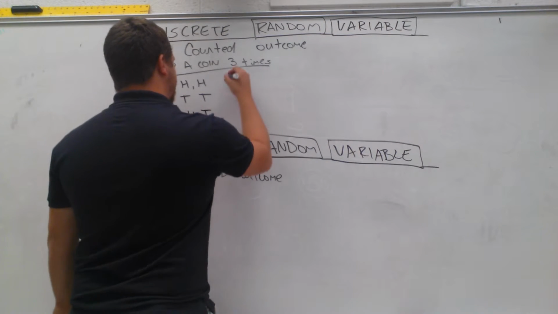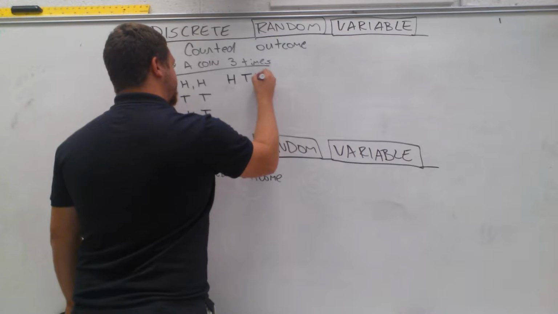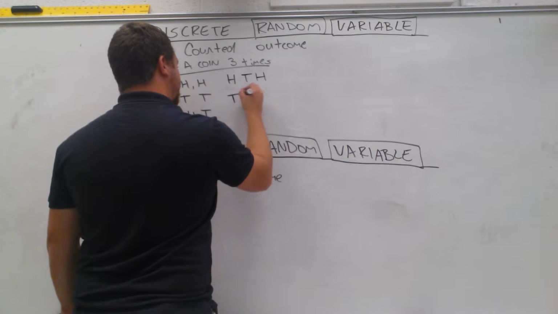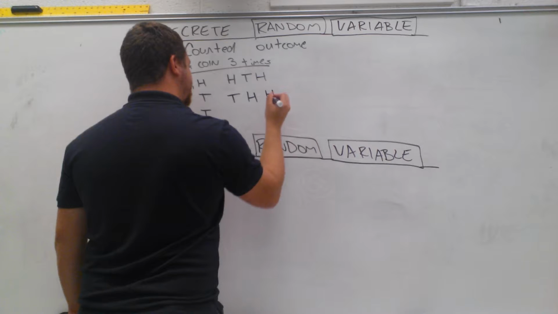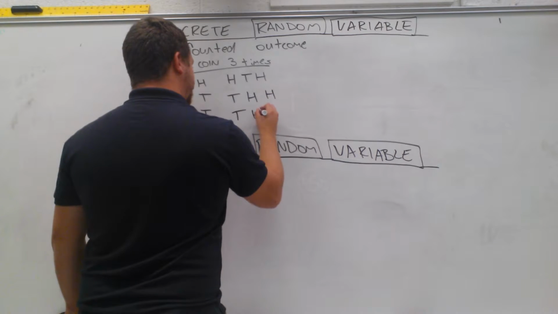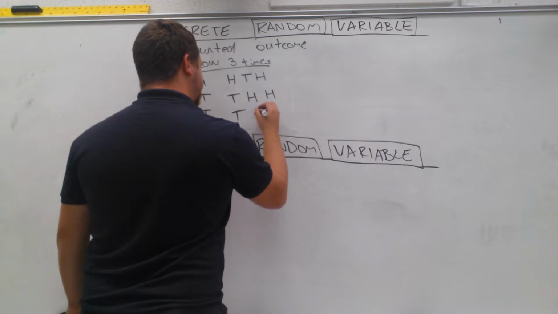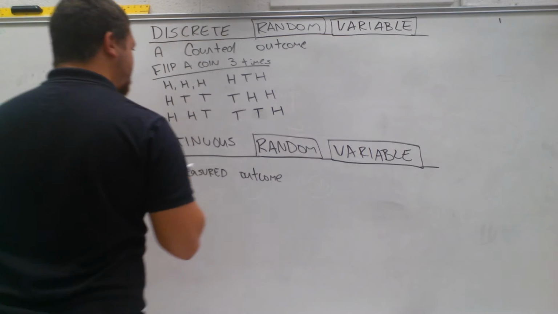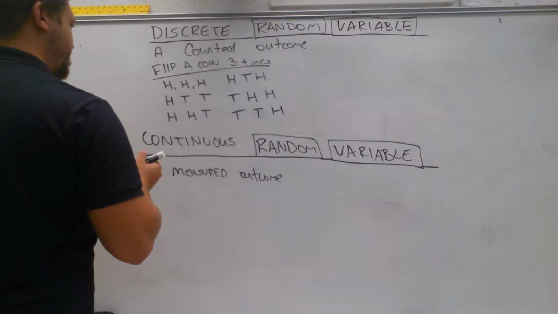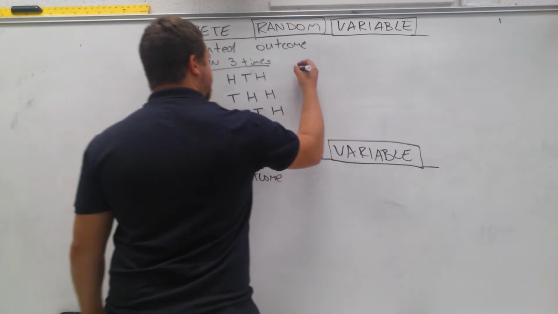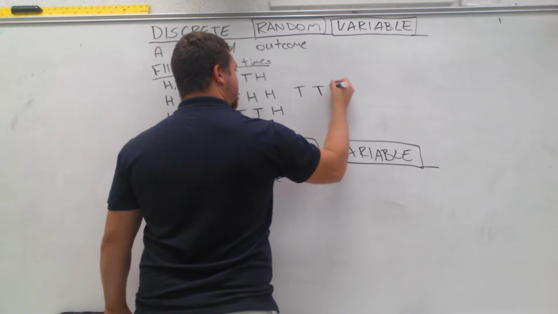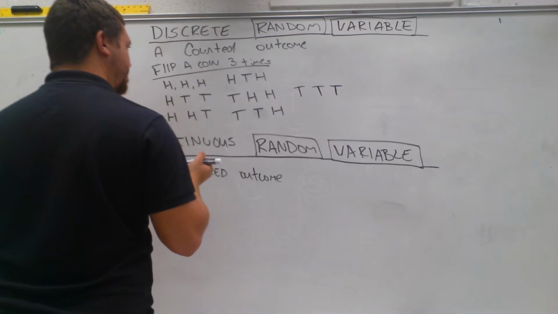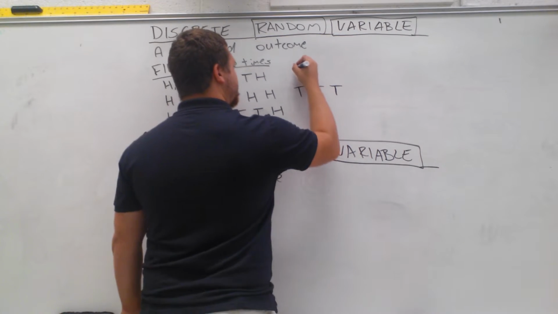Then I could do heads, tails, heads, tails, heads, heads, tails, tails, tails, heads, or there's 2 more. Could I have tails, tails, tails? That's the last one. Oh, tails, heads, tails.